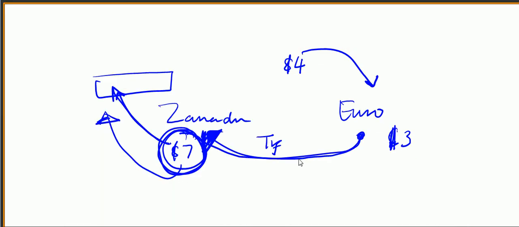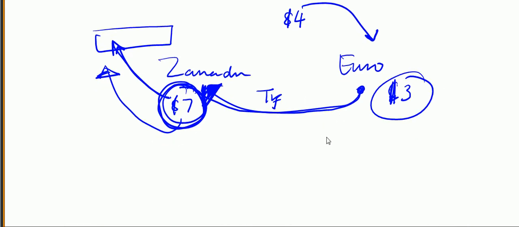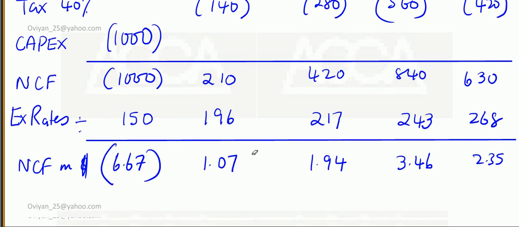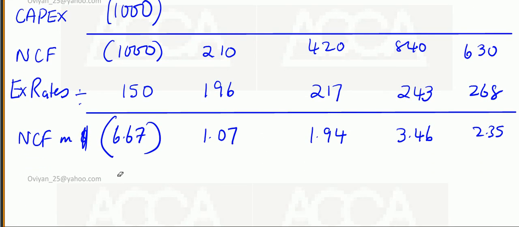Then the implication will be, in Europe there will be a contribution of $4, and this $4 needs to be taken into account net of tax. This has to be taken into account net of tax, and that is when we will show it here if there is any, but in this question, no.